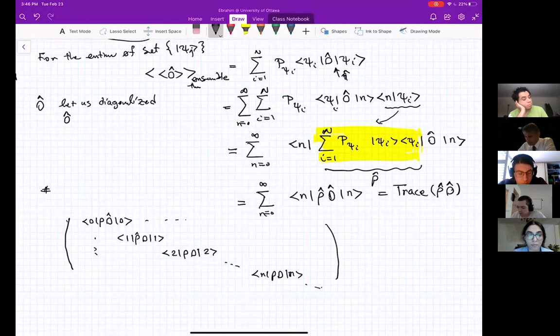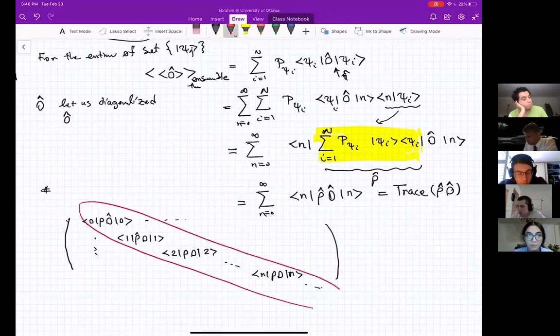And what we are looking for is the summation of all of them together, and the summation of all of them together is the trace of ρO.